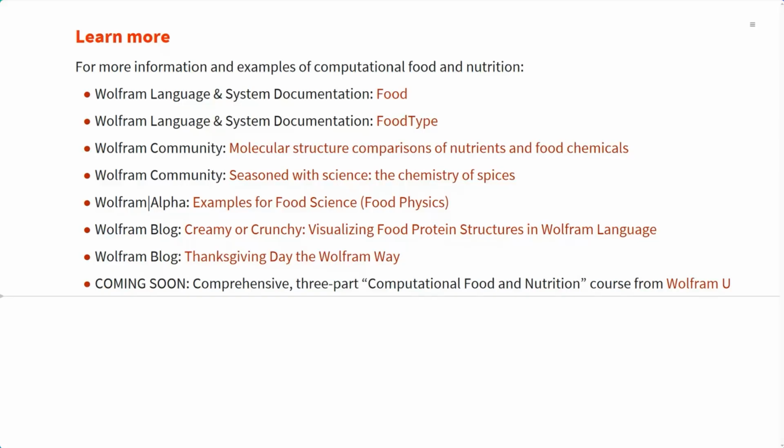Oh, Bob, asking about melting point data. What about smoke point? I actually have collected smoke point data from various sources. I've been looking into maybe adding that, if we can't get it in as a property, at least as a function, like we have osmolality data in the Wolfram Function Repository.